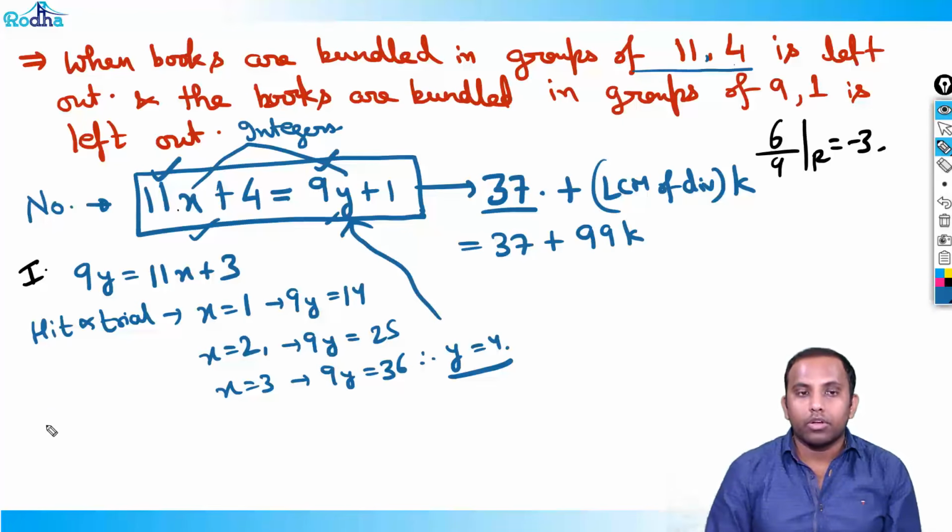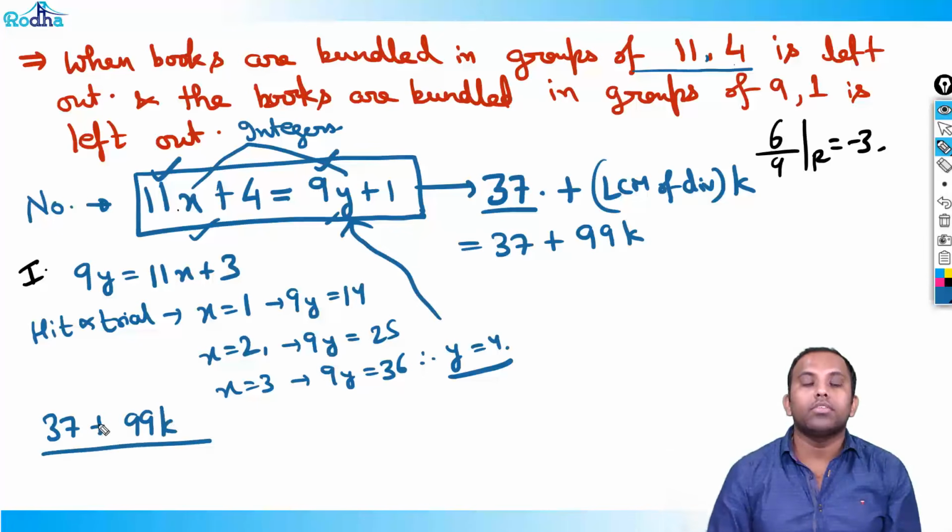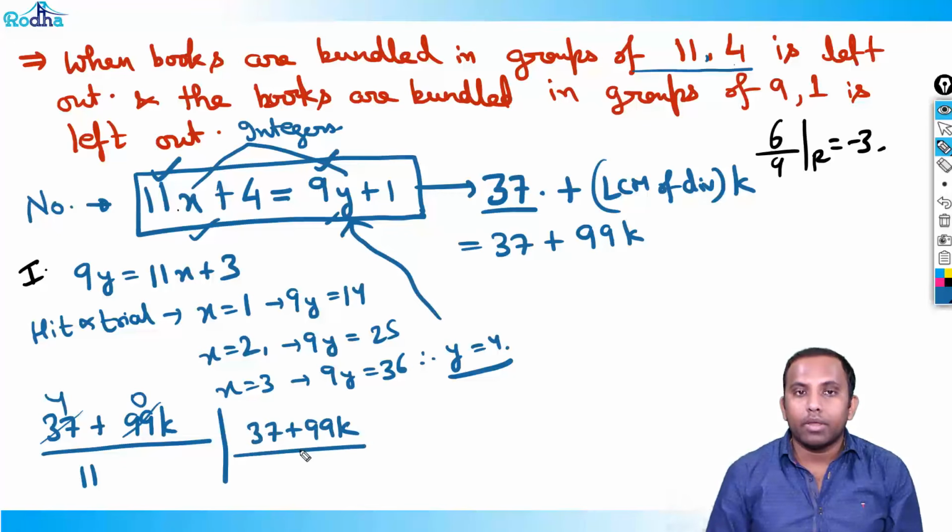We discussed why: because if 99k is added to 37, I want all such numbers which when divided by 11 give me a remainder of 4. If I divide this by 11, 37 by 11 remainder is 4 and 99 by 11 remainder is 0. Also, if I divide 37 plus 99k by 9, 37 by 9 remainder is 1, and 99 by 9 remainder is 0, so the remainder is 1 only.